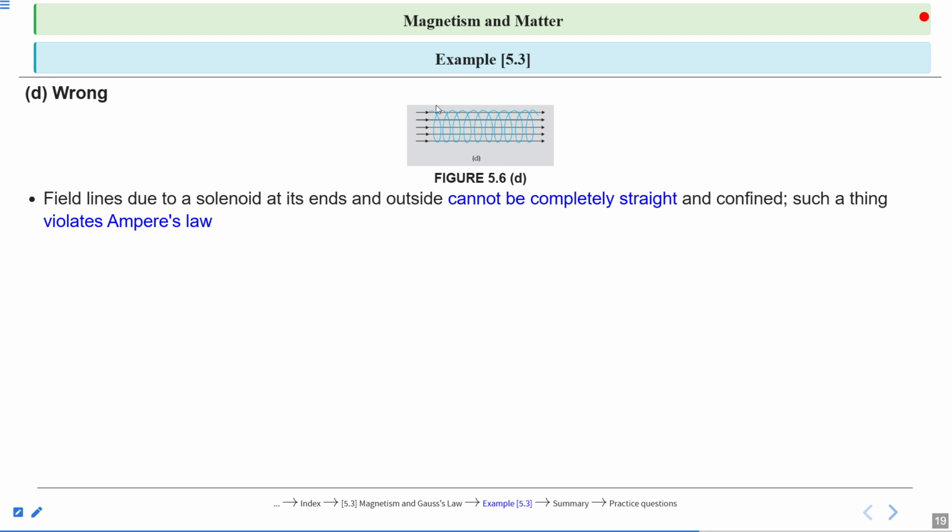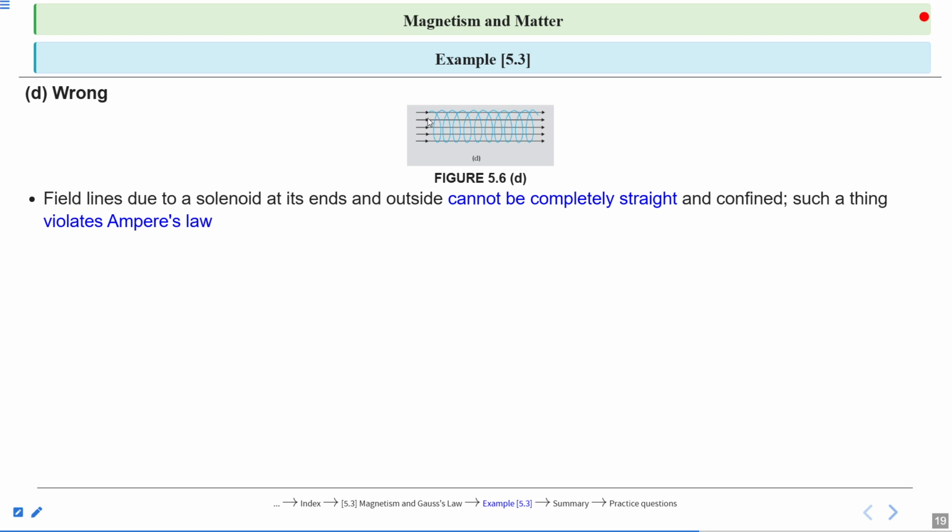But now I am placing this same Amperian loop of the same area at the end such that it is only enclosing two windings, and one small part of the loop is outward at the end. In simpler terms, it is only enclosing two windings.